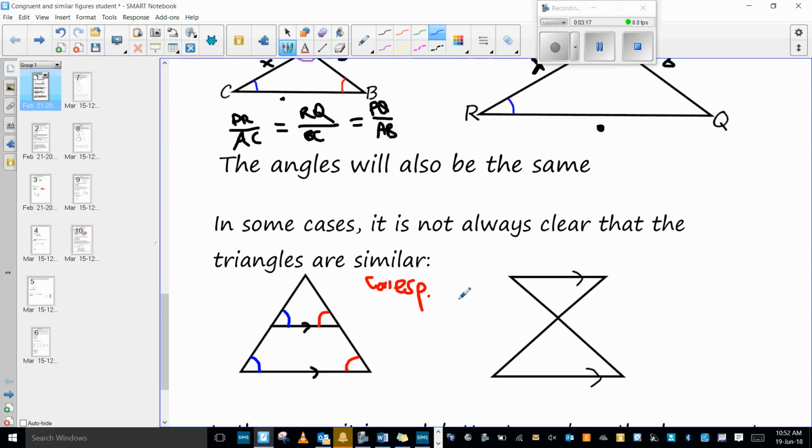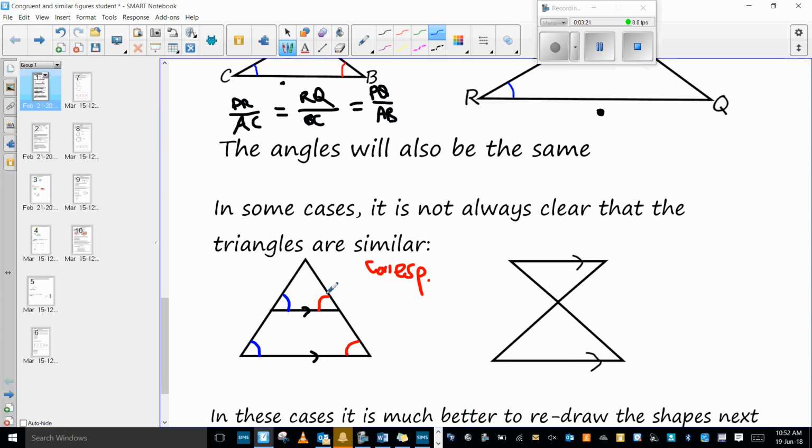Now you may say, well, hang on a minute, I've got a triangle here and a trapezium. How are they two similar triangles? Well, what we would do is consider this triangle here, this baby green one, as one of our triangles, and then we would consider the purple one as our second triangle.